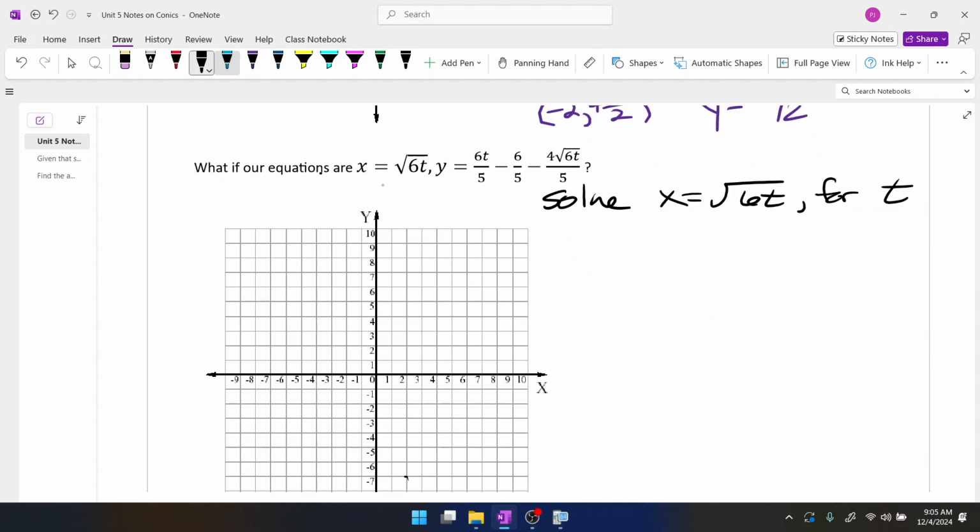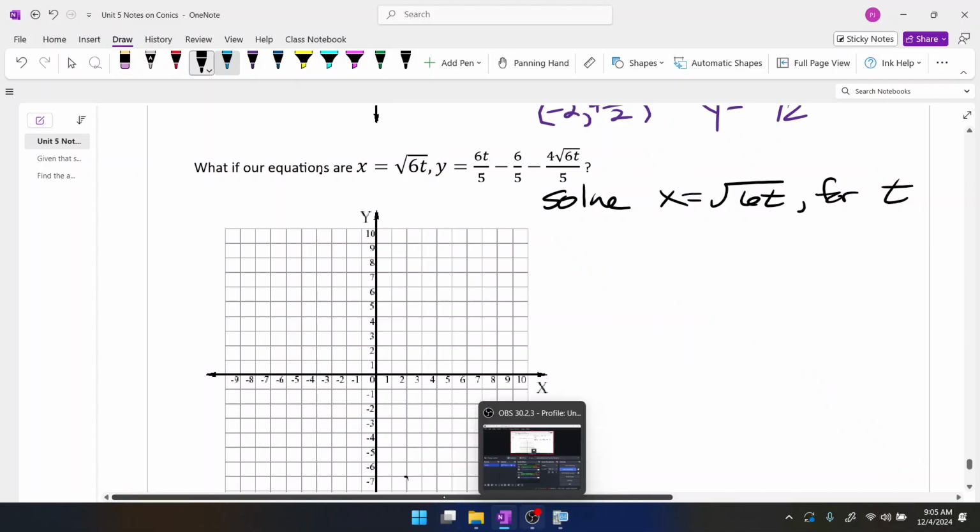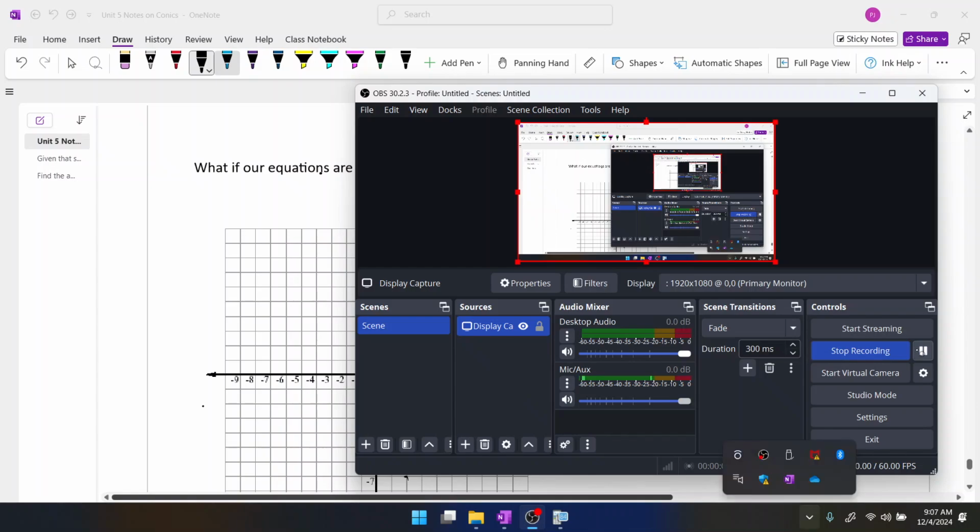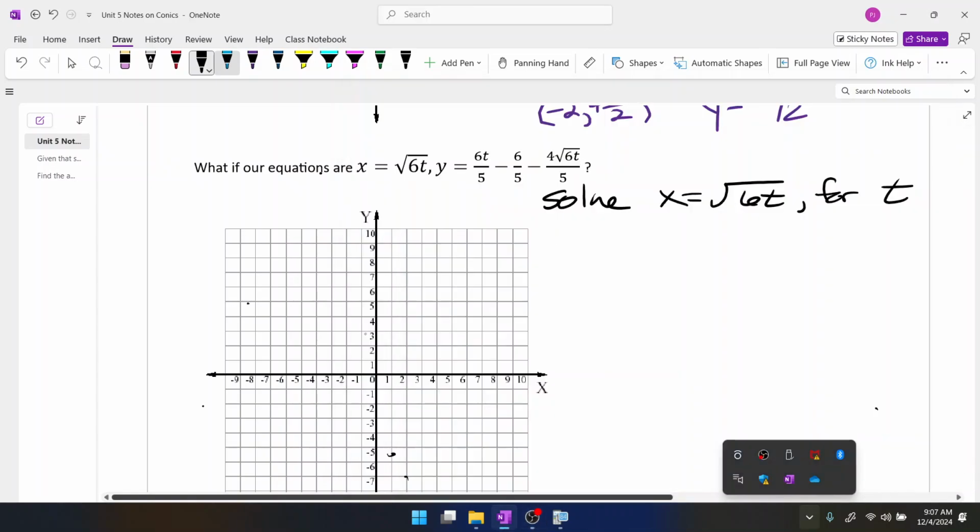Now, you don't have to, you can sub it in here, but when you do this, it'll be y equals something x squared. So if we solve this for t, you have x squared equals 6t by squaring that.